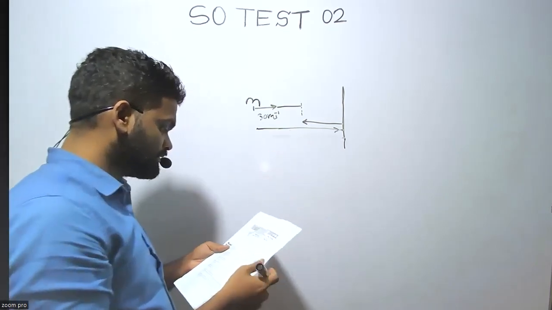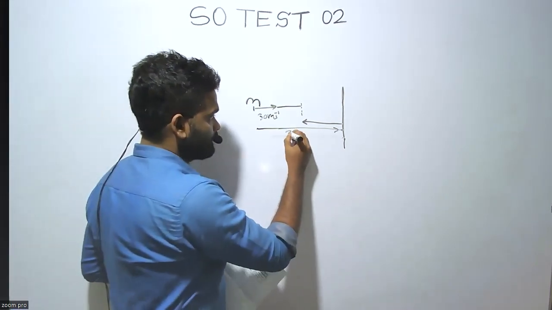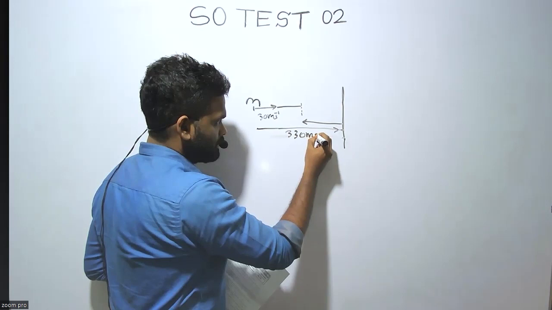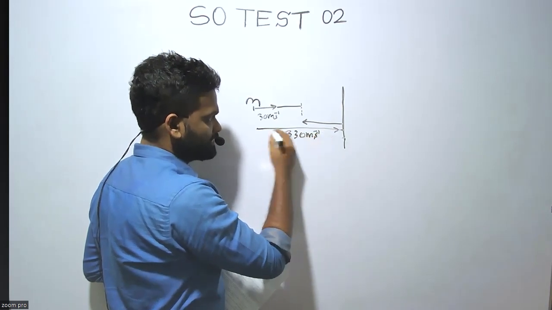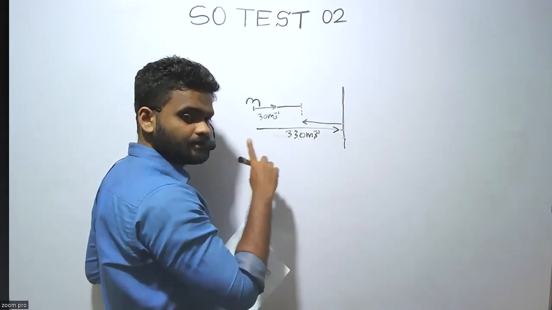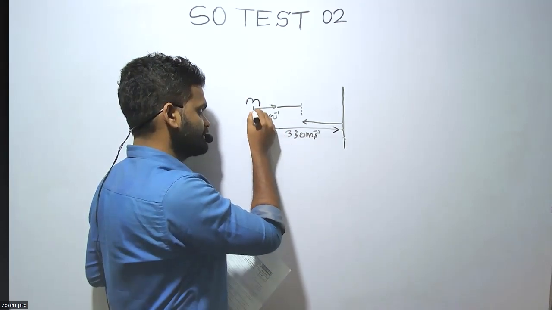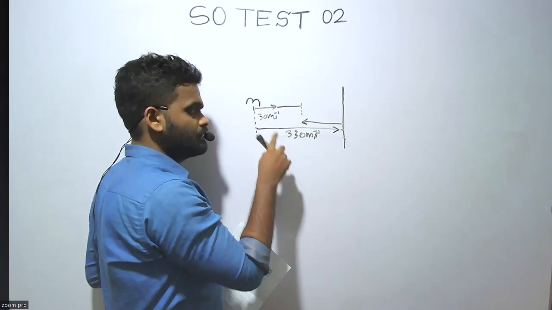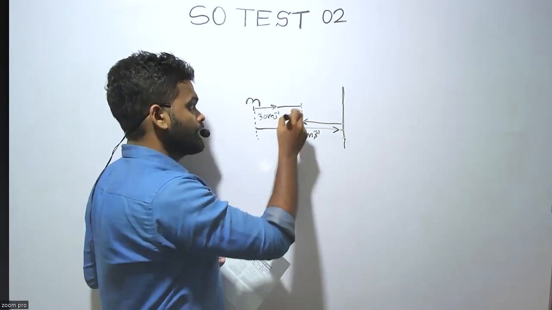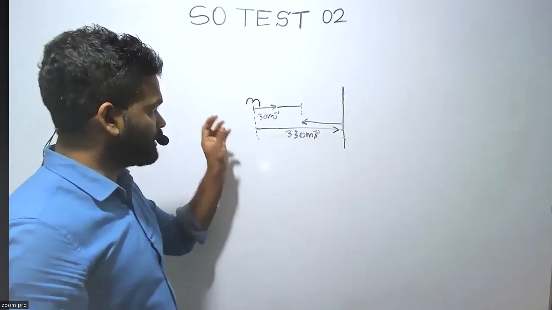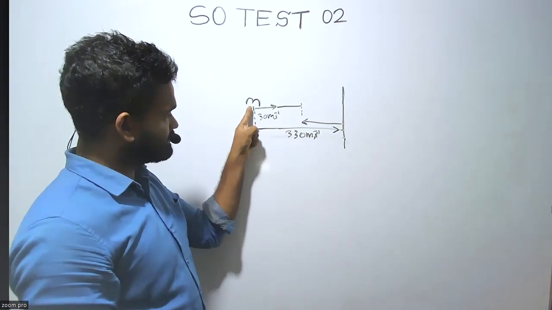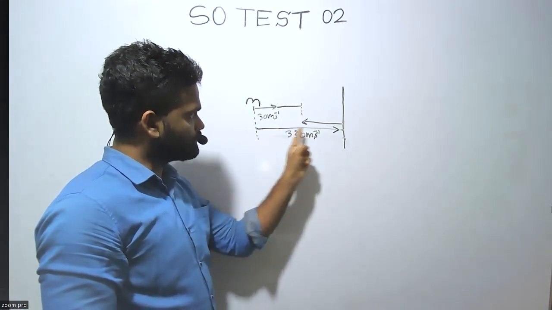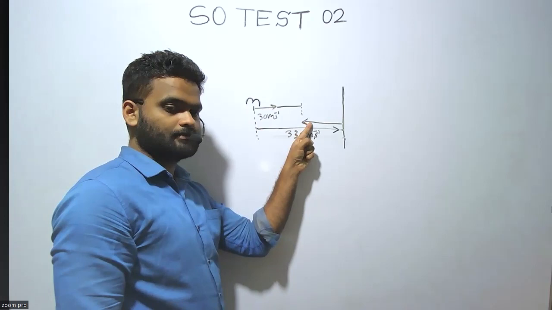The sound velocity is given as 330. You know that sound velocity is a constant velocity. Those are wave velocities, they are constant. You will learn more about sound in waves and oscillations, right? So simultaneously what happens is, as the bat moves from here to here, sound waves from here to here.